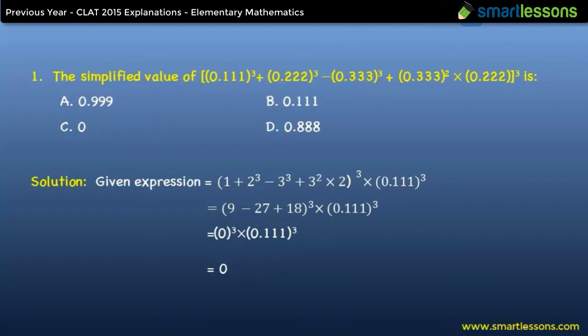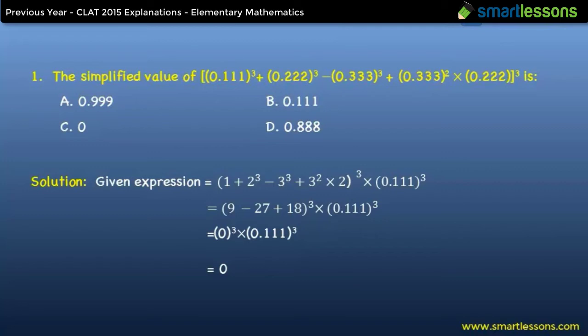0.111. In the first term, it is directly given 0.111 whole cube. So 0.111 is obviously a factor. In the second term, you can see it is 0.222, so we can write it as 2 into 0.111. So the second term you can write as 2 into 0.111 whole cube.